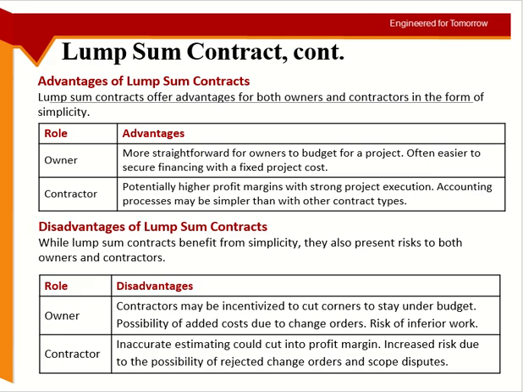So what are the disadvantages for both parties? Yes, the contractor may try to cut costs later during the project. He may use cheap alternatives, cheap materials, and so on.